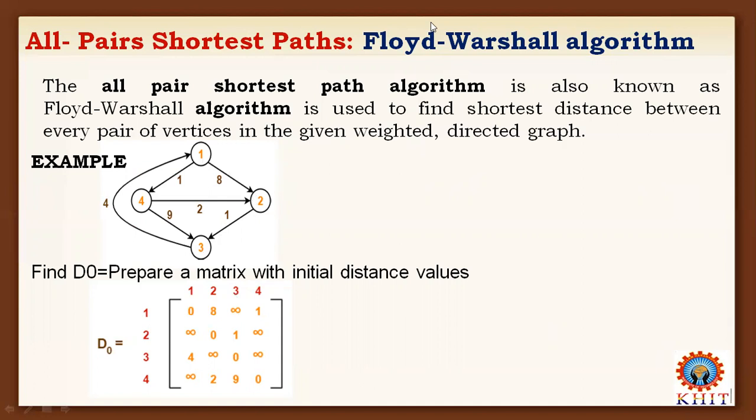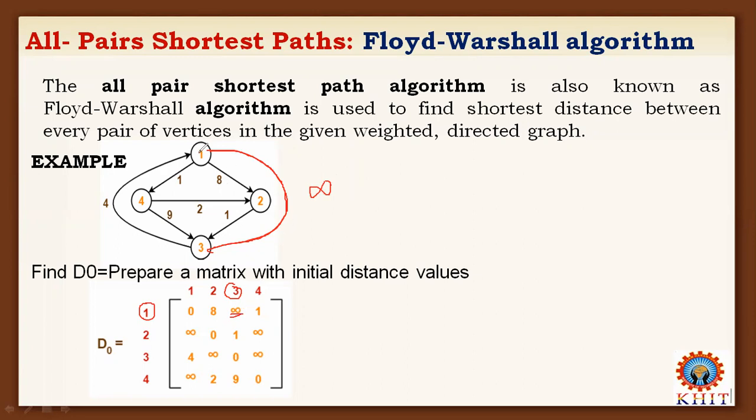Once again, vertex 1 to vertex 3: the value is considered as infinity. Why am I considering the value as infinity? Infinity means there is no direct path from vertex 1 to vertex 3. So that's why we consider the given distance from vertex 1 to vertex 3 as infinity.